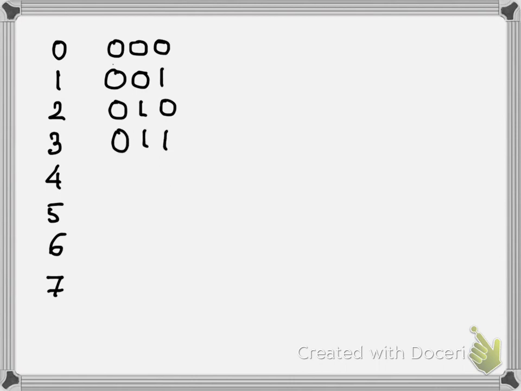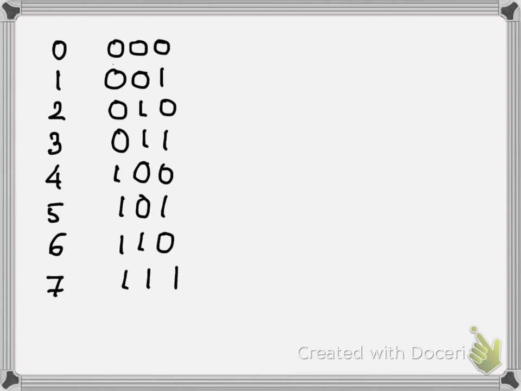Since it is 3 variables, I'm going to use 3-bit numbers: 000 for 0, 001 for 1, 010, 011, then for 4 I get 100, 5 would be 101, 6 would be 110 and 7 would be 111.